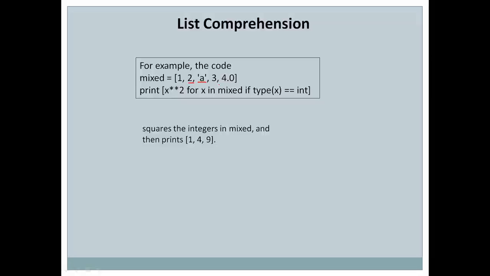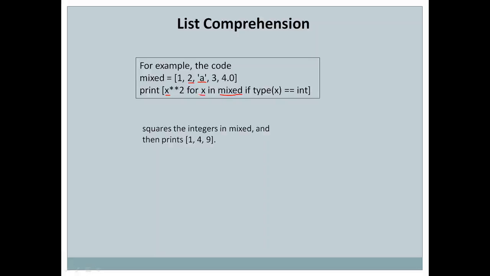For that, we may create a list comprehension like in square brackets x raised to 2, then we have a for condition, for x in mixed. Our sequence is mixed. It contains some values, that is 1, 2, a, 3 and 4.0.